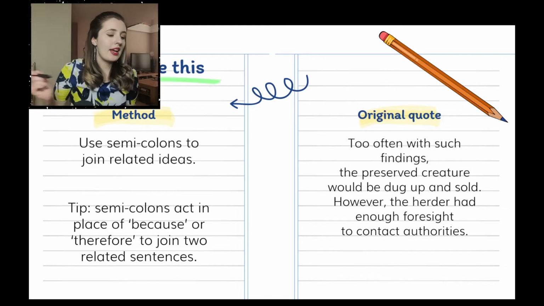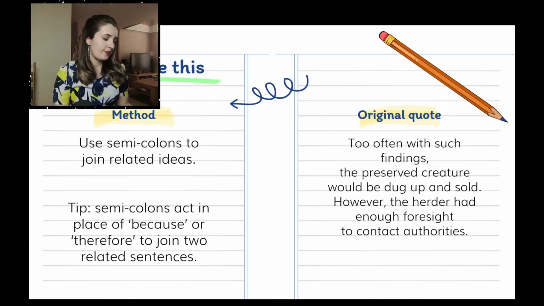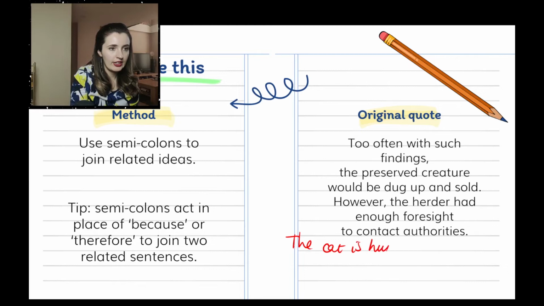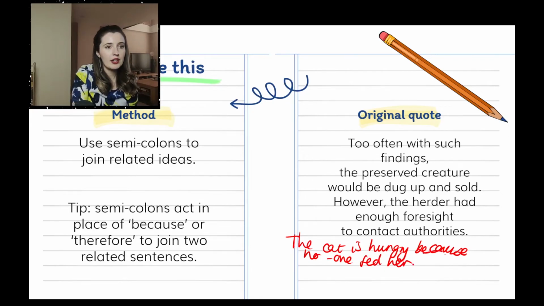Let me find my pen and give an example. So if we were to say the cat is hungry because no one fed her. Here we could delete the because, right?